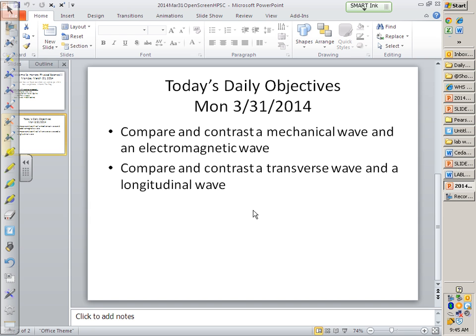Crap, I forgot to say that. So let's see, it says there's a rope, and you wave it up and down, and the bump goes up. The rope is facing this way, but the bump goes side to side. Transverse wave is a mechanical wave.